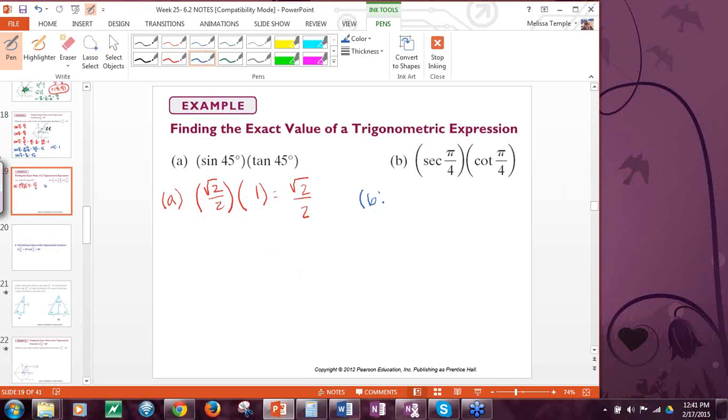Go ahead and try B on your own. I'm going to do the same thing. I'm just going to fill it in without talking. And let me know how you do. Figure out what secant of pi over 4 is, multiply it by cotangent of pi over 4, and see if you can come up with the right answer.